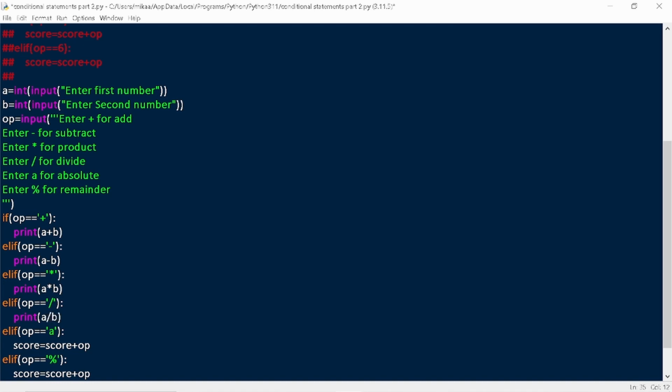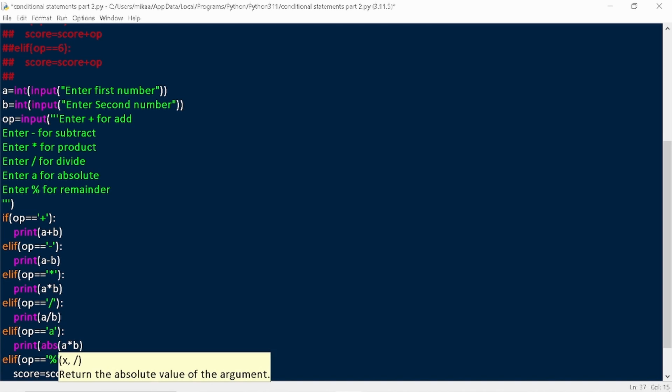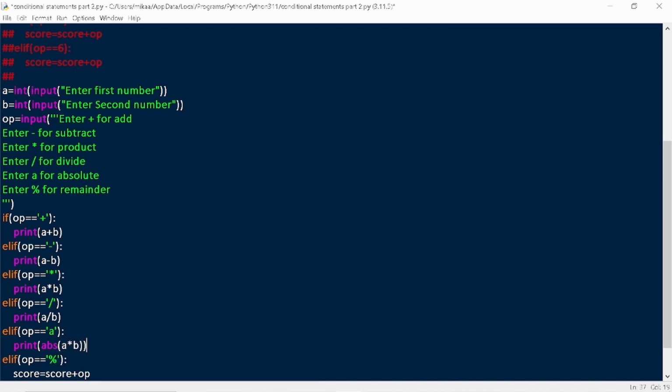Print a divided by b. Now I must do the absolute of a multiplied by b. Okay, and I think the brackets are fine. And here I will be doing a modulus b.